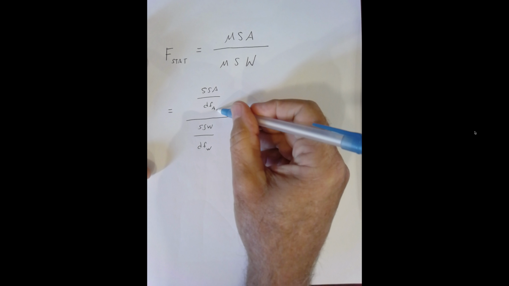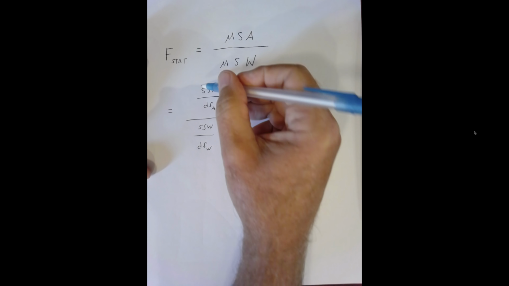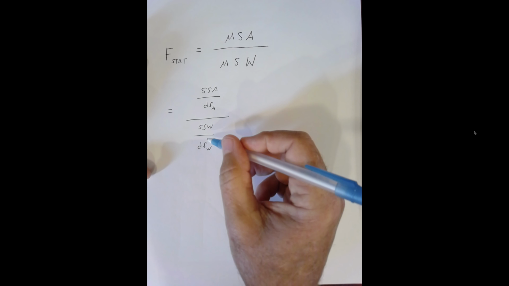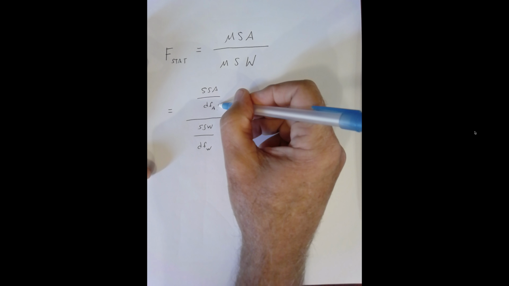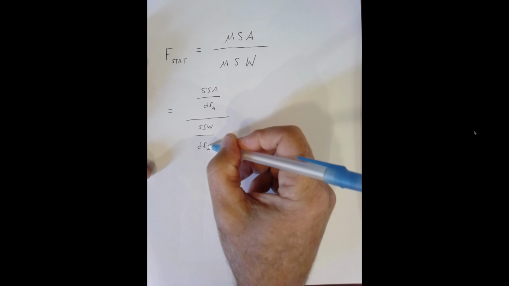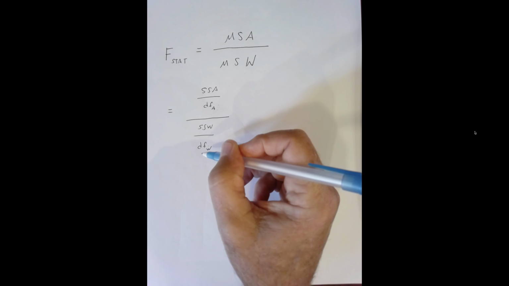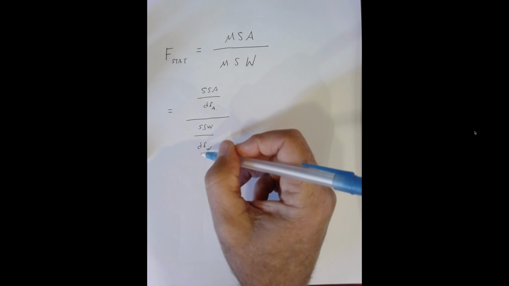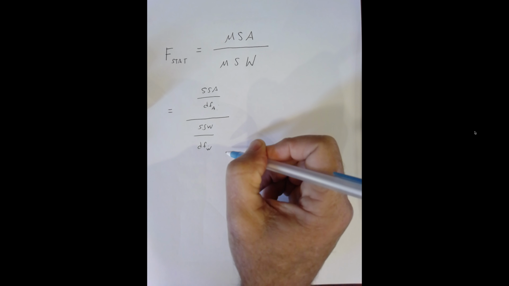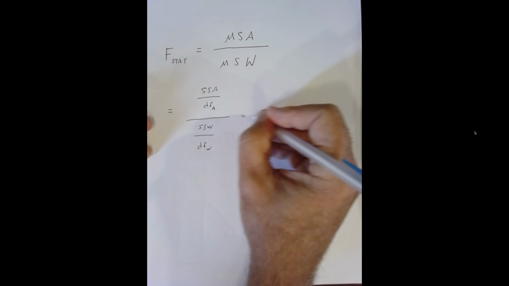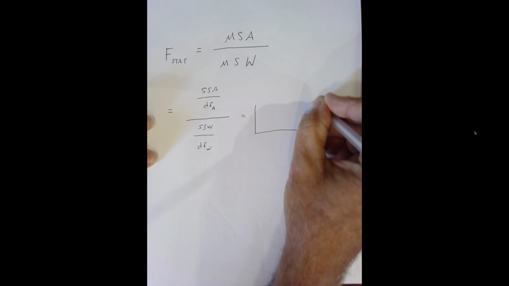If you think about this whole thing being the numerator and this whole thing being the denominator, you have degrees of freedom for the numerator and degrees of freedom for the denominator. So that's where StatCrunch is getting that whole numerator and denominator business. Okay? So then we come out with this F statistic value.